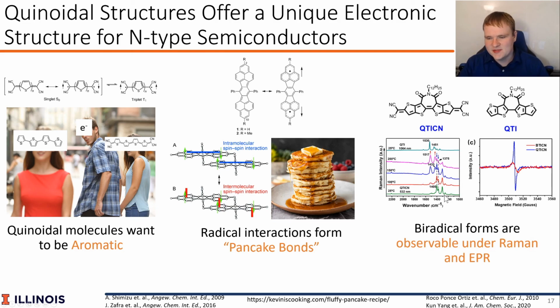And we can actually observe these biradicals under Raman spectroscopy, like what we saw previously, where there's the appearance of this aromatic stretching peak. At the same time, we can observe under electron paramagnetic resonance spectroscopy the increase in the number of spin centers that you see. So as more biradicals are formed, there are an excess of spins in the molecules, and we observe that under EPR.